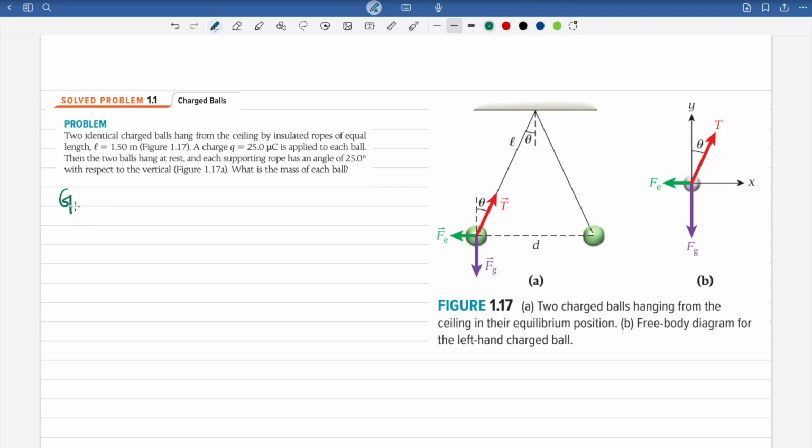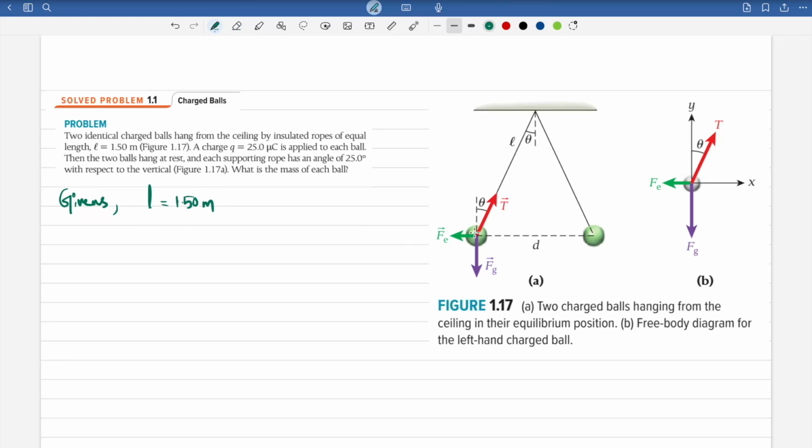Givens. Length of the rope is given, 1.50 meter. That means this length is 1.50 meter, and this length is also 1.50 meter. Next, charge is also given. Both balls have equal charge.